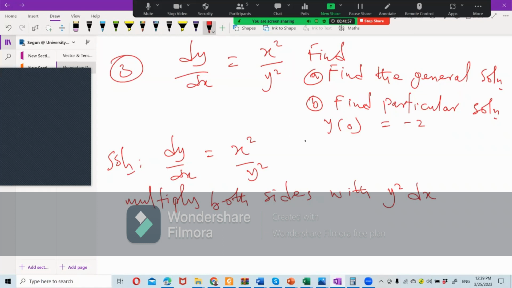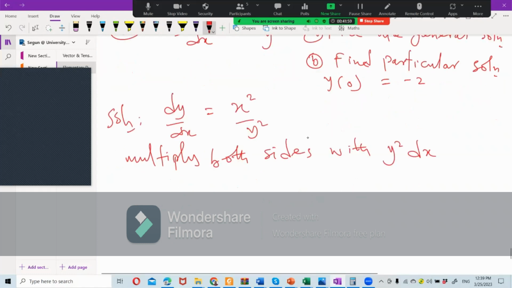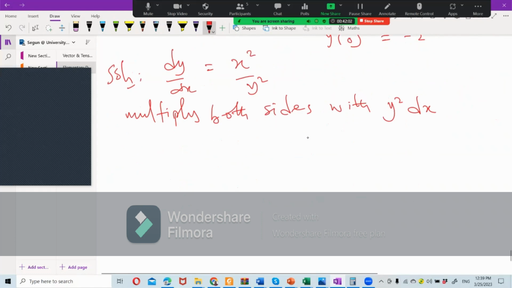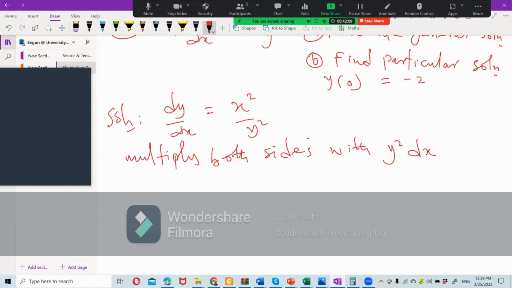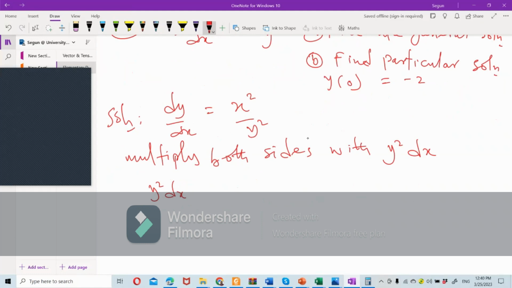If I multiply both sides by y squared dx, what do I have? I will have y squared dy/dx times dx, don't forget, equals x squared over y squared times y squared dx.